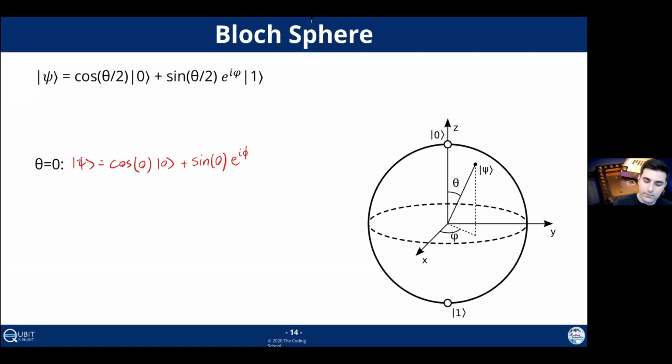And again, I didn't define a phi, but sine of 0 is 0, so this thing is entirely 0, and cosine of 0 is 1. So what I end up with at the end of the day is the 0 state.